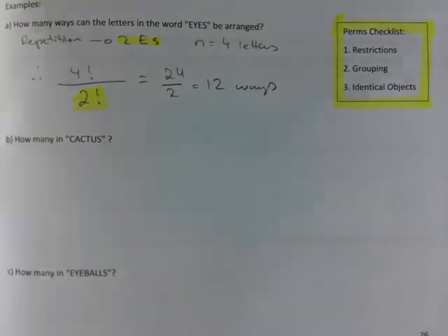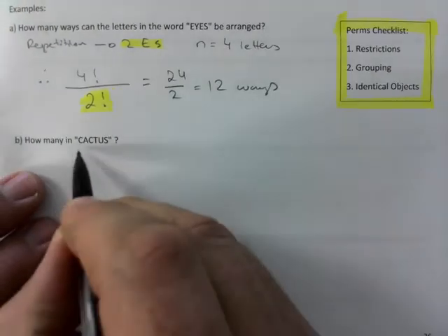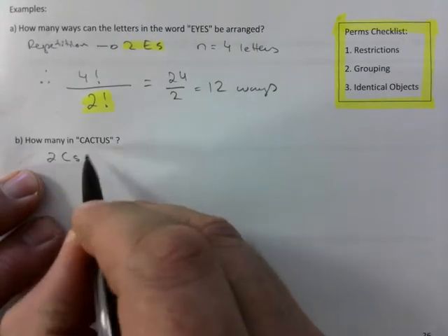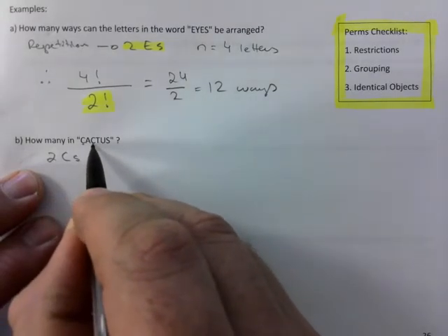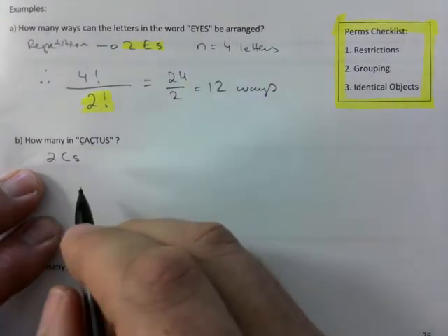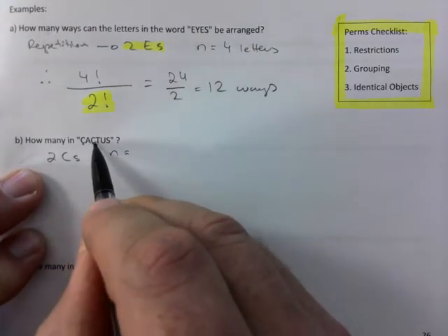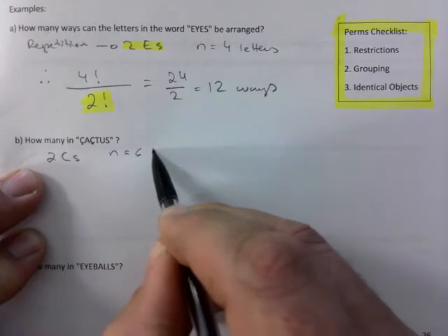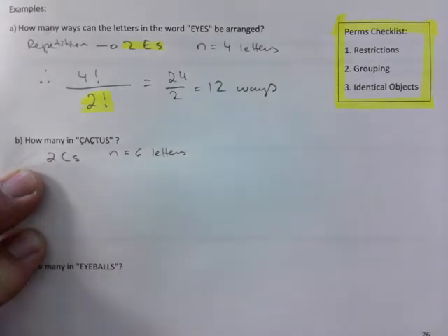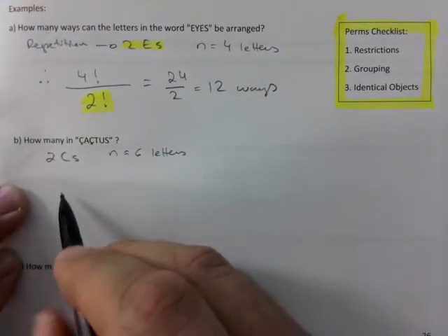How many in the word cactus? 2 C's right there. Anything else that I'm missing? I don't think so. So n is the number of letters: 1, 2, 3, 4, 5, 6. It's not always going to be letters, but that's a classic.